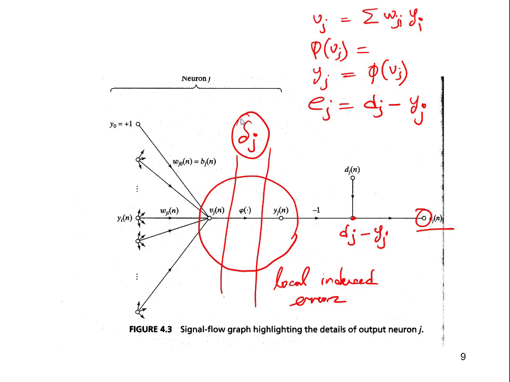Okay, how? What parameter can define a local induced error? The local induced error is defined in the optimization with respect to the incoming input. This is a partial derivative. In this neuron, the input portion is Vj.